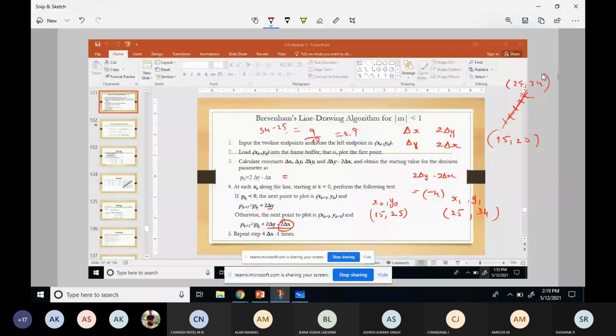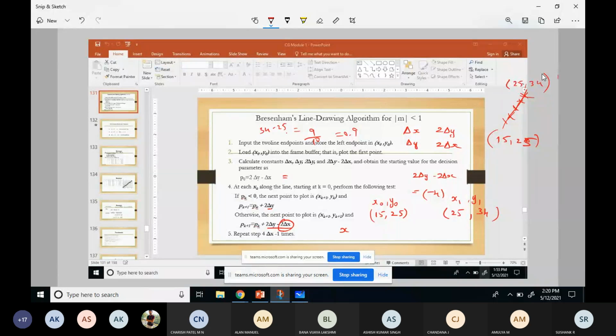So for these points, 25 comma 34 and 15 comma 25, right? So for this point 15 comma 25 and 25 comma 34, you generate a plot. You just generate that table.